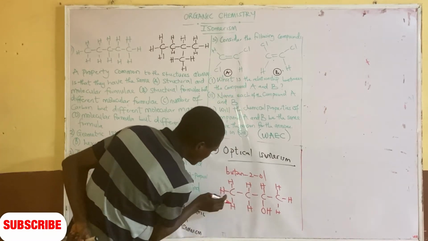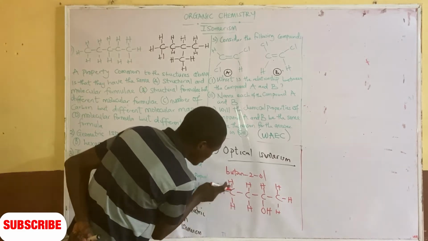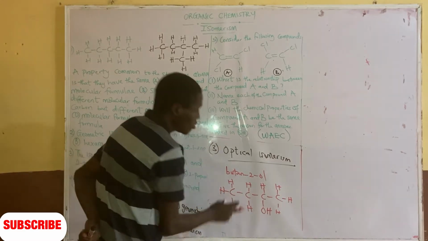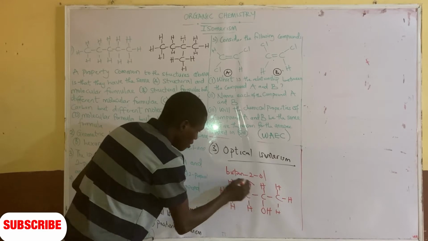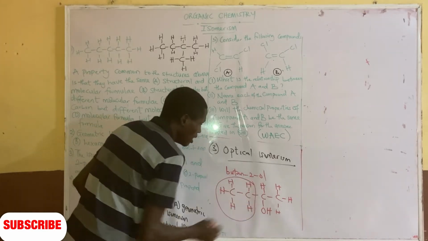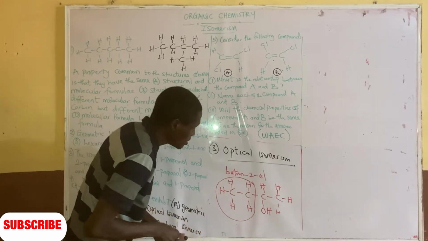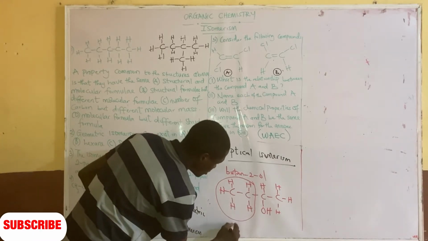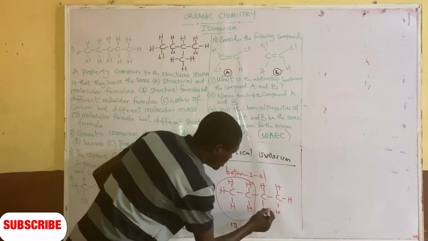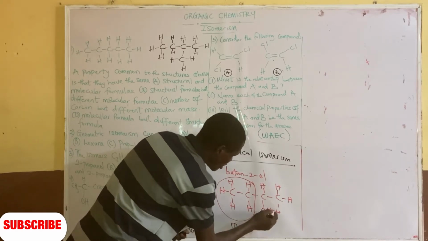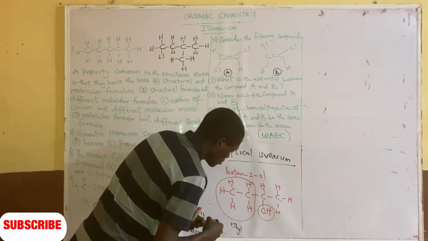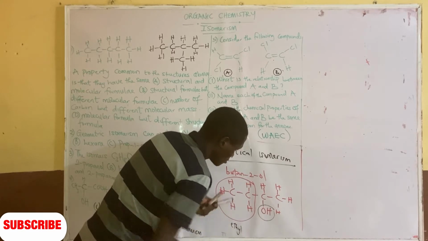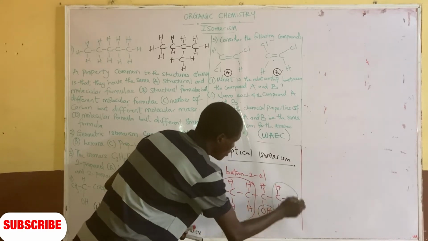When you compress, this is CH3, CH2, which is known as an ethyl group. This is ethyl, which is a substituent. This is another group here, OH. This is another group here, which is methyl.